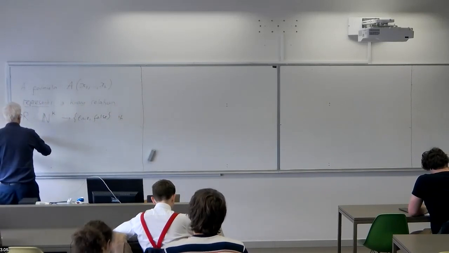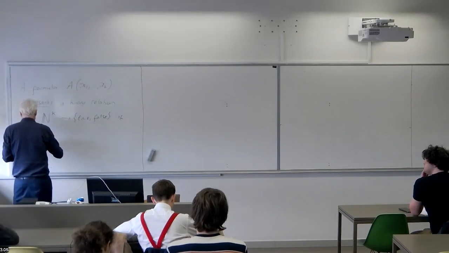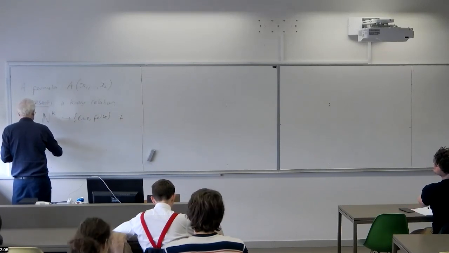So we just make the obvious definition that the formula represents a relation on natural numbers. The point is we simply want to interpret the language as expressing properties of natural numbers.